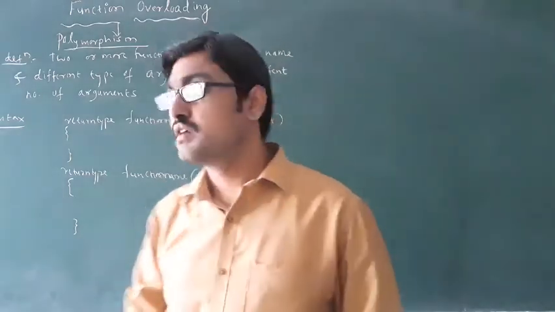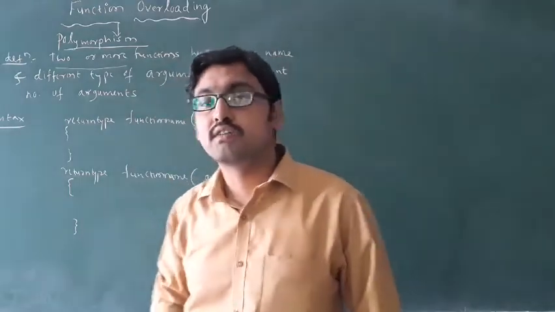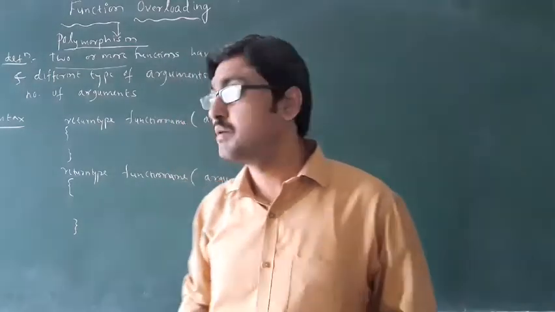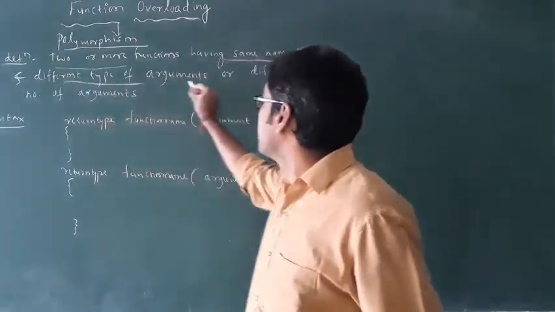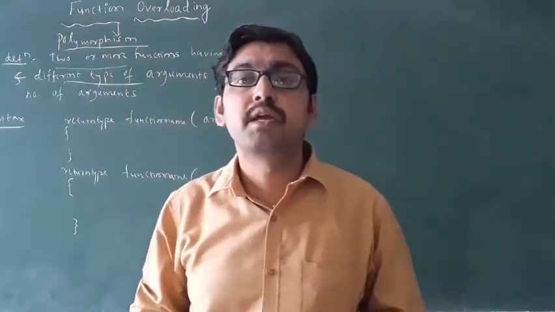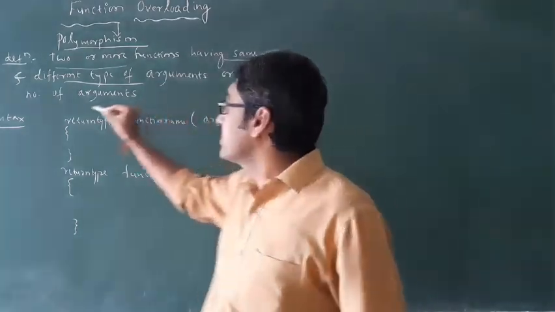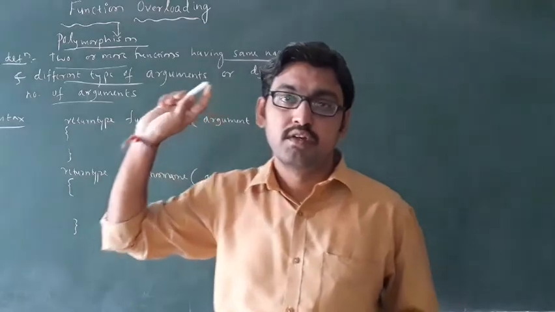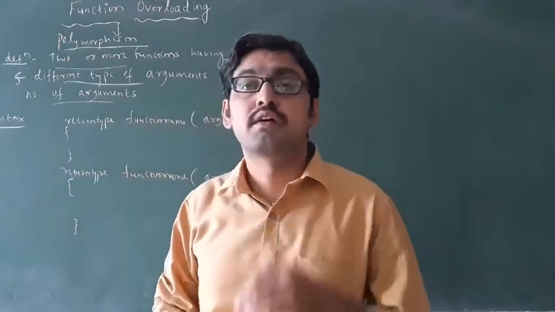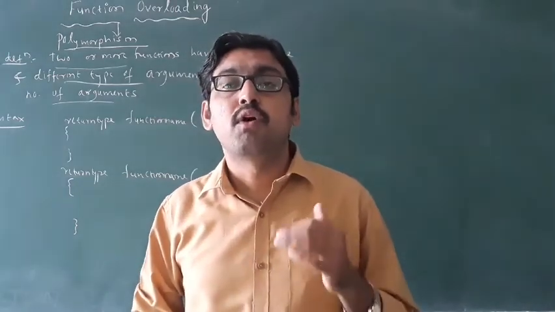Function overloading means two or more functions having the same name but different types of arguments, or a different number of arguments. That is called function overloading, and it is the example for polymorphism.